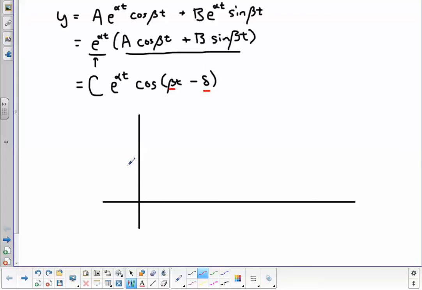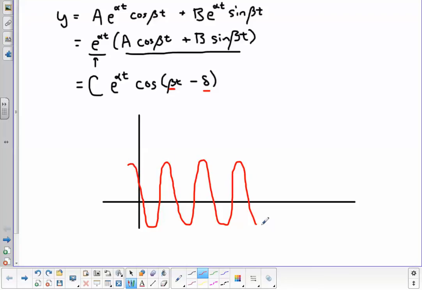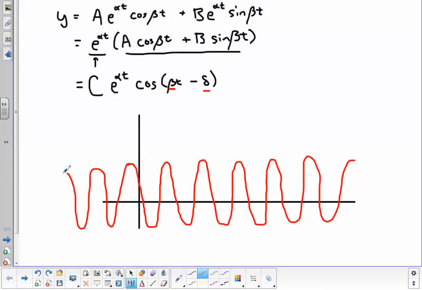So I get something that kind of goes like just what I drew in red, but now I can see it a little bit clearer. Okay, so that's this part.